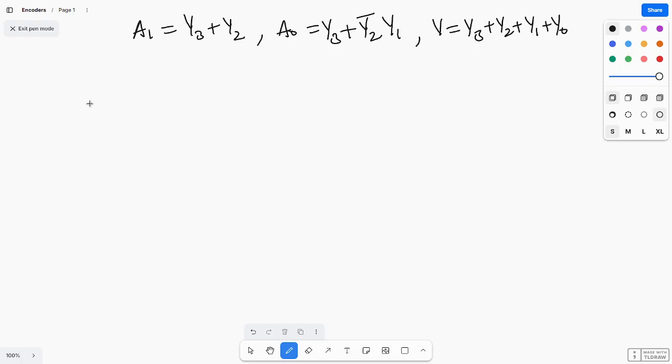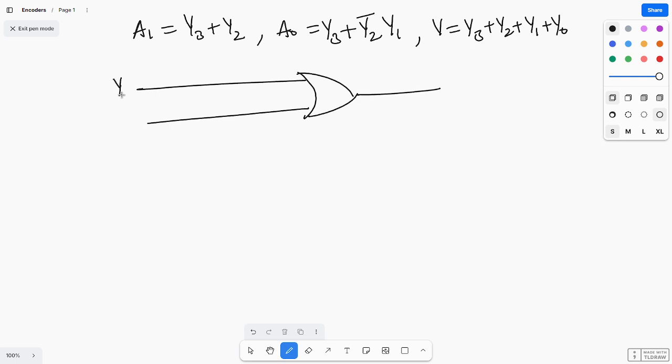So you can draw the logic diagram. How to draw it? Here this is given through the OR gate. The inputs are y3 and y2, so A1 equals y3 plus y2. Next, y2 is connected with an inverter, and one more input y1 is coming, and these two are connected with an AND gate.